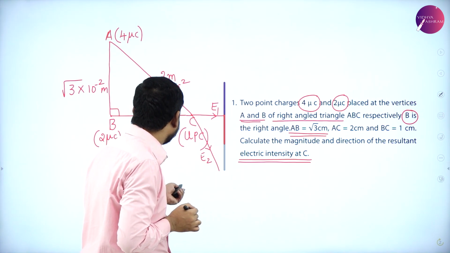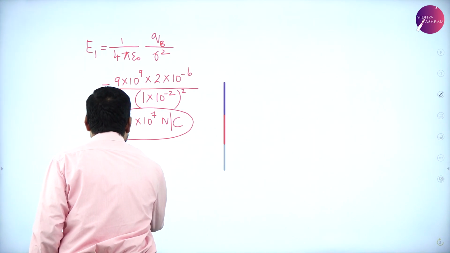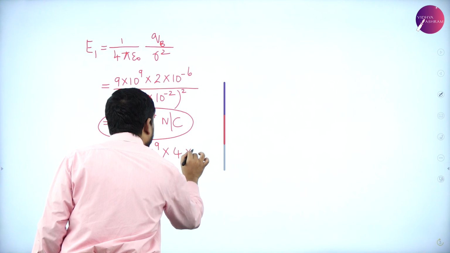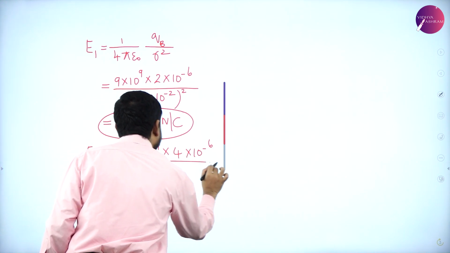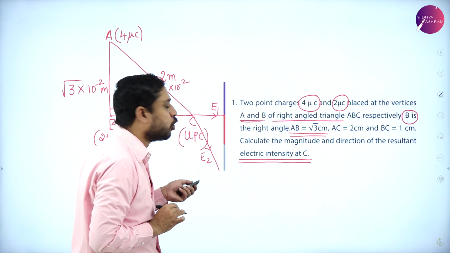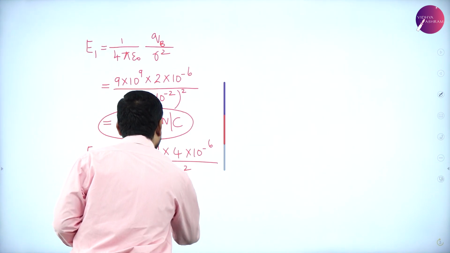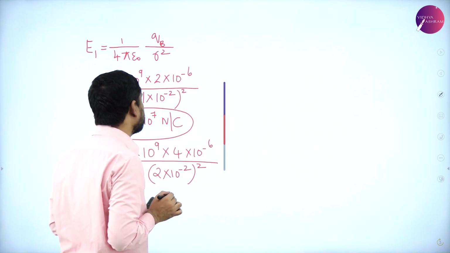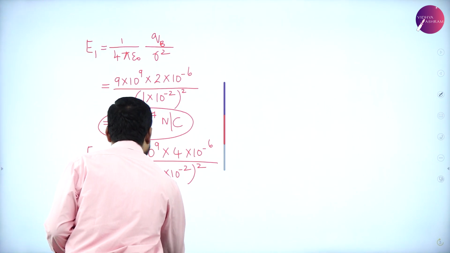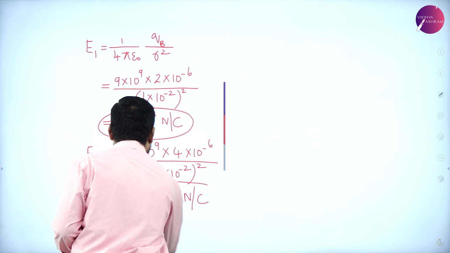So here again, E2 is equal to 9 into 10 power 9, 4 into 10 power minus 6, and what is the distance? 2 into 10 power minus 2 meter. So 2 into 10 power minus 2 whole square. And again, on simplification, this is 9 into 10 power 7 Newton per coulomb.